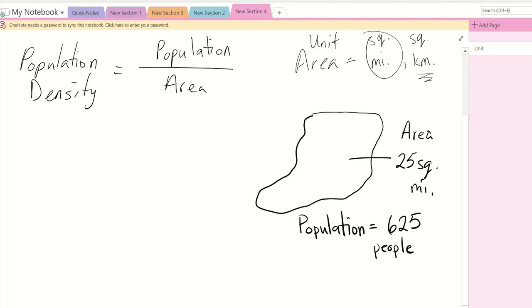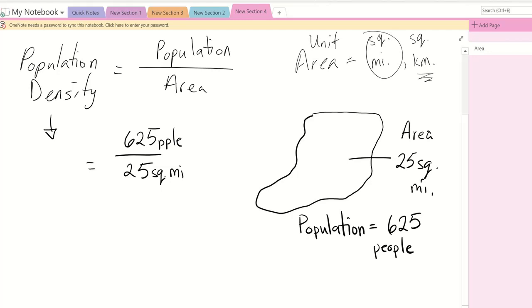So according to this formula, population density is going to equal population, 625, divided by 25. This is the people, this is square miles. So 625 divided by 25, you could take out your calculator or you could use Desmos for this.